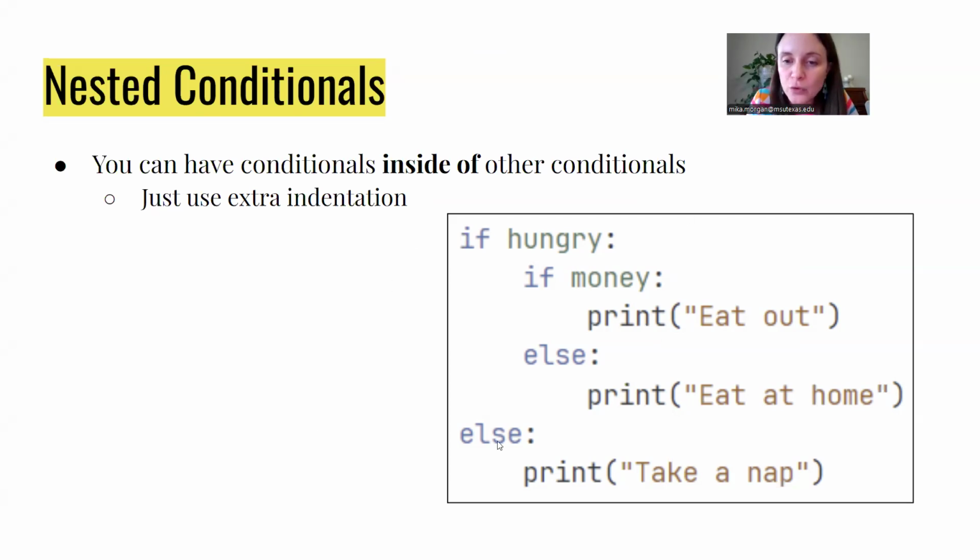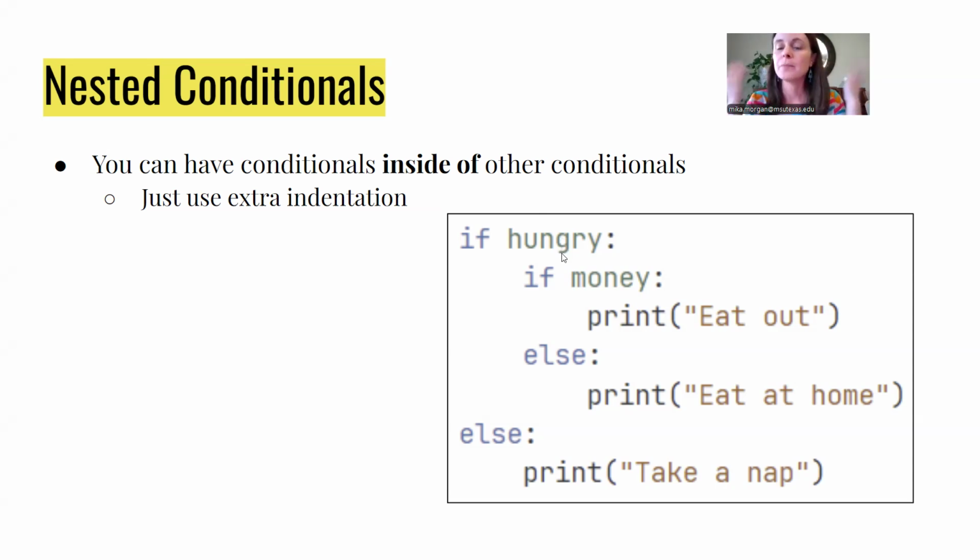Here, I'm going to go through and trace this code. I'm going to read the code manually by hand and try to predict what the output would be if I gave it different starting values for these Booleans. So here I have two Booleans. The first question is, are you hungry?